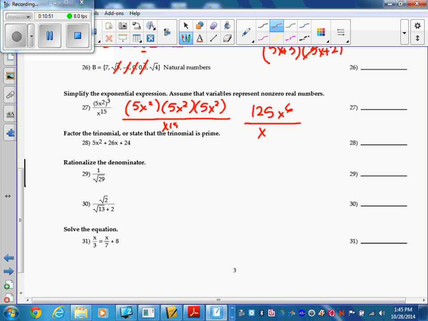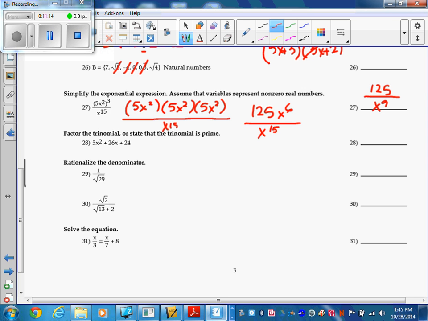So, remember we're going to subtract the exponents. So 6 minus 15 is negative 9. So this turns out to be 125 over x to the 9th. So again, our rules of exponents that we're going to take a look at.